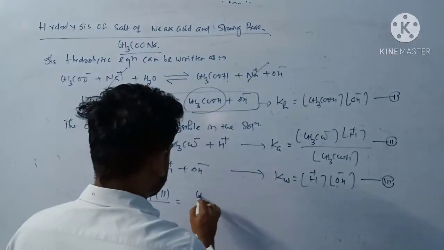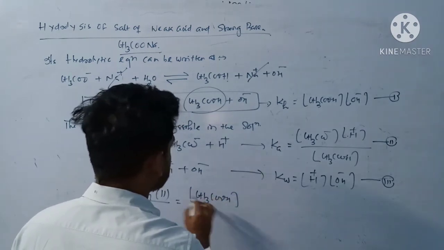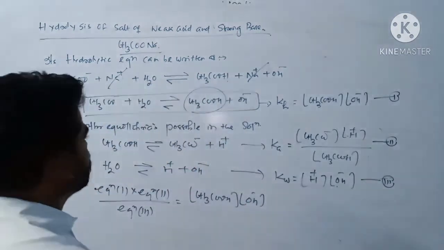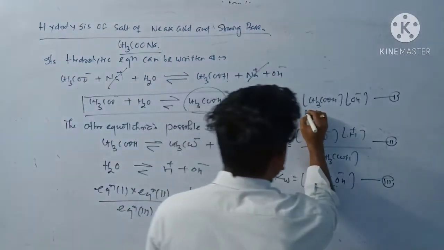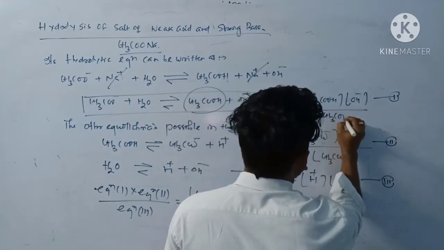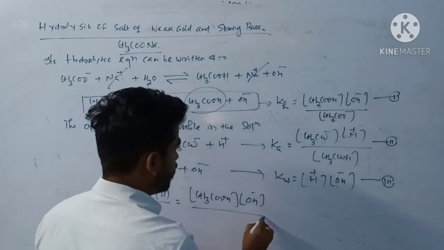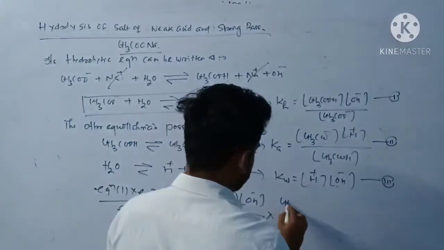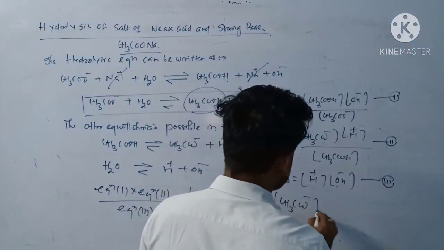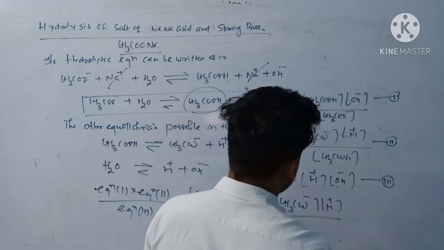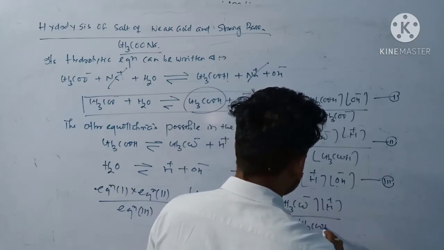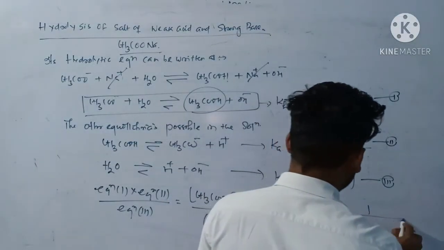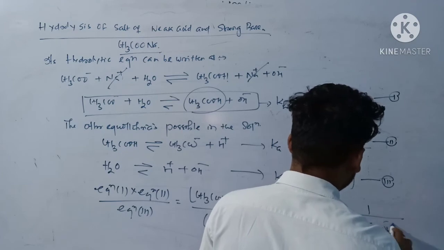Equation 1 is CH3COOH into OH minus divided by CH3COO minus, into equation 2, CH3COO minus into H plus upon CH3COOH, divided by Kw. That means I can write 1 by H plus into OH minus.